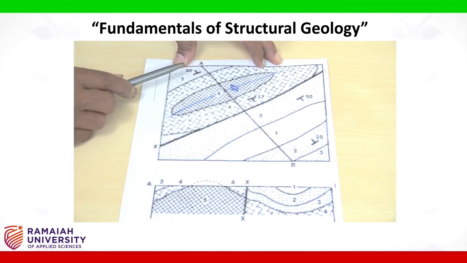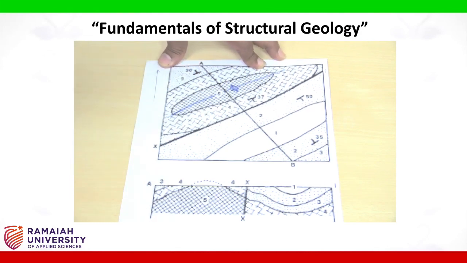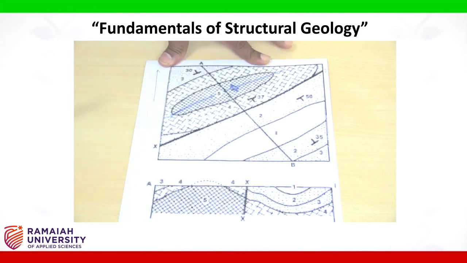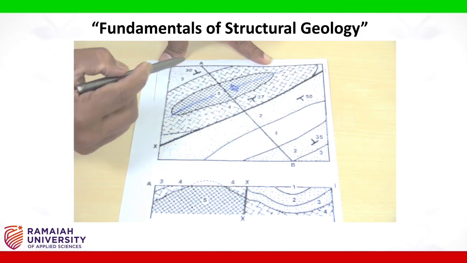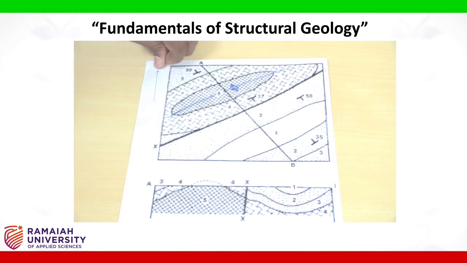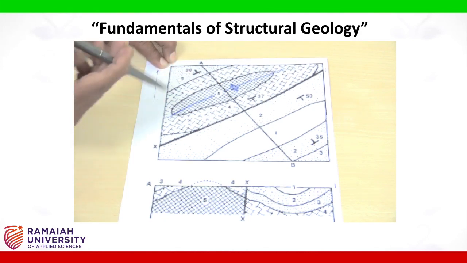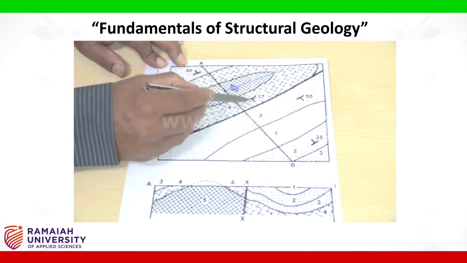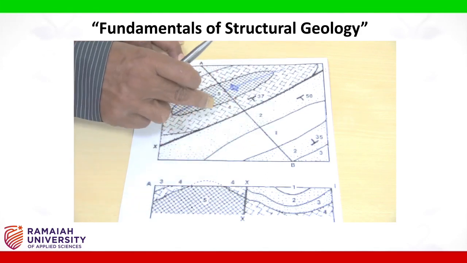In this map, now, what are the features that we can find out? Besides the strike and dip, we know the geological boundaries marked here, and there is this closure of the formation that represents the folding characteristic. Here, the dip directions are away from each other on both sides of this particular feature.